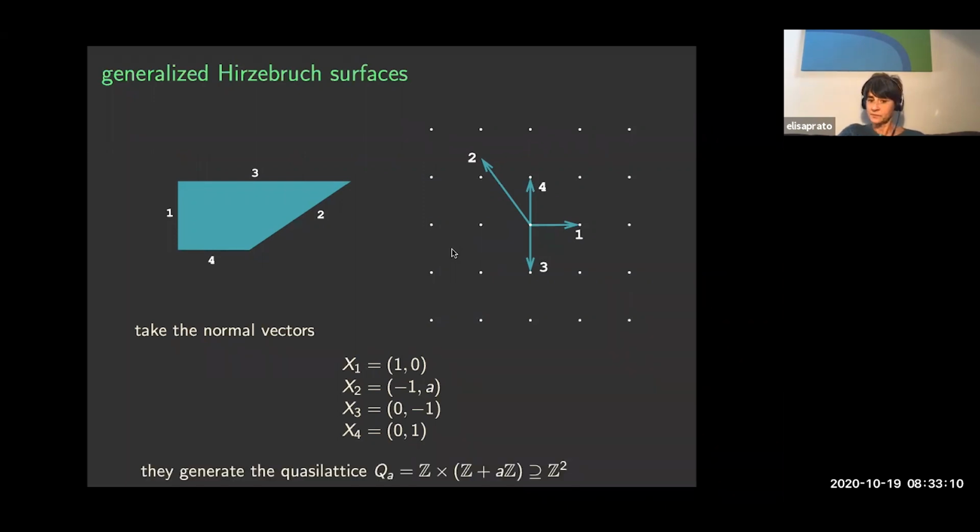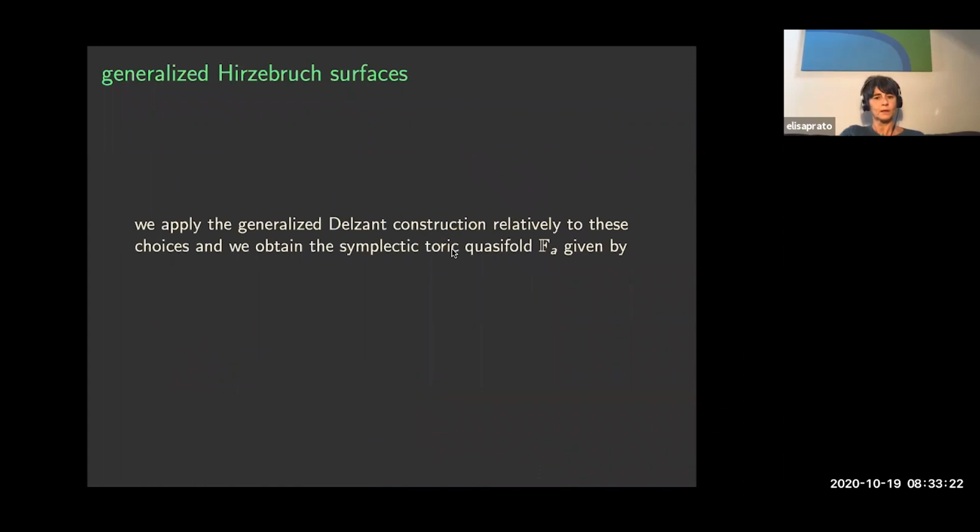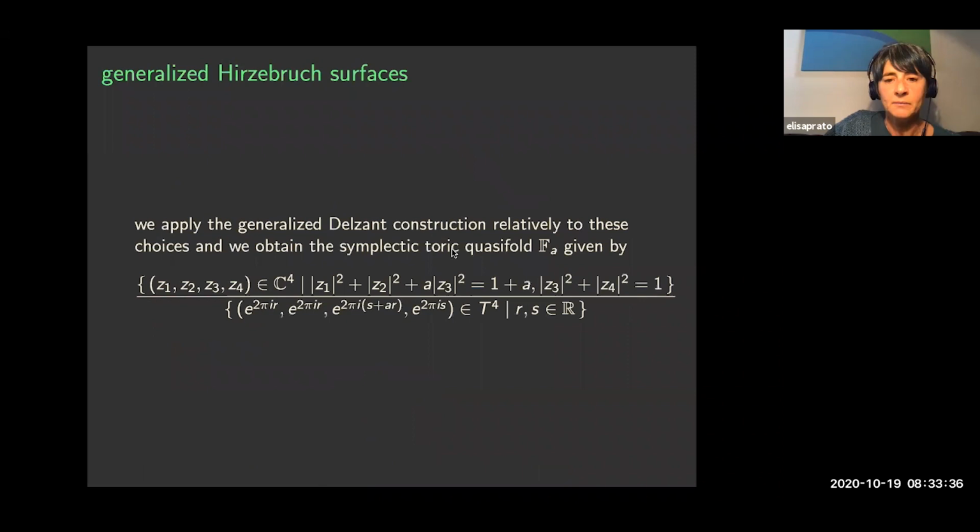They generate a quasilattice that in general contains Z², which is given by Z cross Z plus aZ. And if we apply the generalized Delzant construction with respect to these choices, so we have the trapezoid, the quasilattice, the normals that are fixed, we get the following toric quasifold.